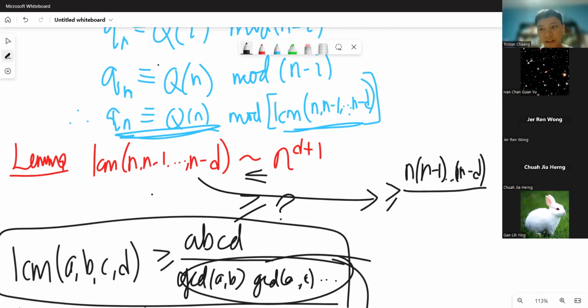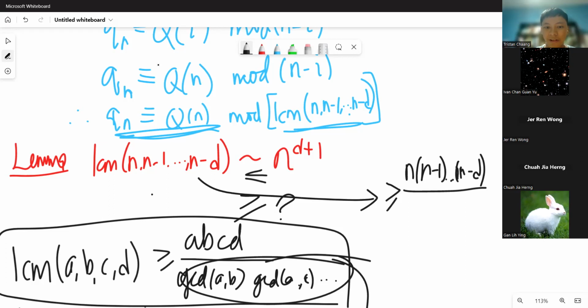How many pairwise GCDs are there? There are d plus 1 choose 2 of them, right? But every single pairwise GCD is at most d, right? Euclidean algorithm: n and n minus d, GCD at most d.